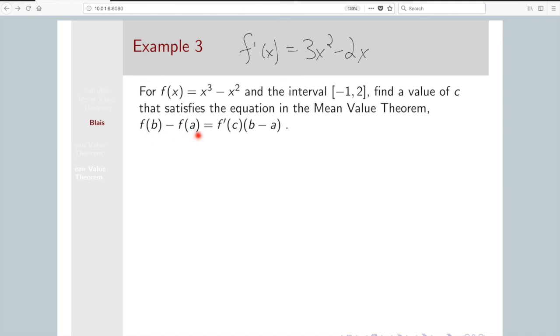And we'll need to evaluate f at the endpoints. So f of b minus f of a over b minus a. b is 2, and a is minus 1.